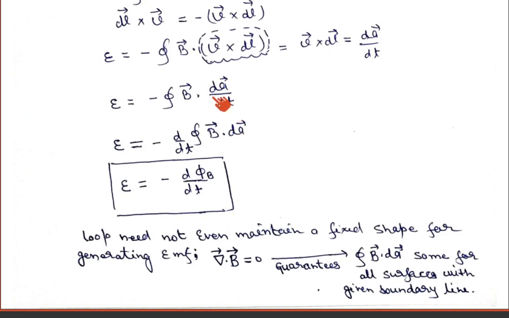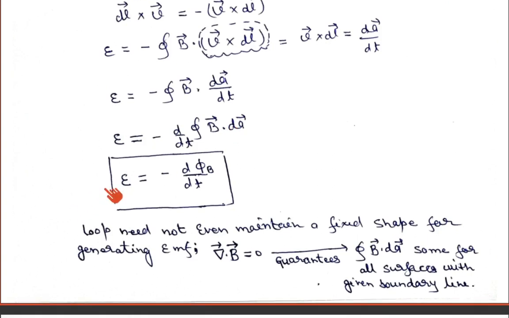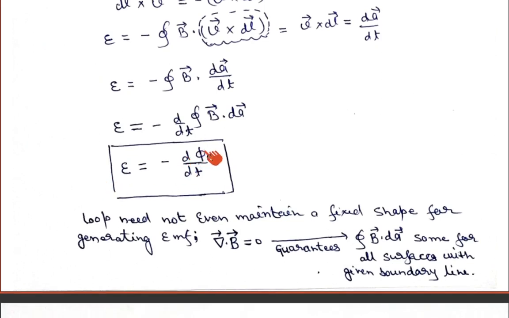The d upon dt can be taken out, as it is a scalar. So E is equal to minus d upon dt of the line integral of B dot dA vector. This becomes a surface integral, sorry, of B dot dA, which is basically phi B, the magnetic flux of B. So this means the EMF of the circuit can be written as minus del phi B upon del t.